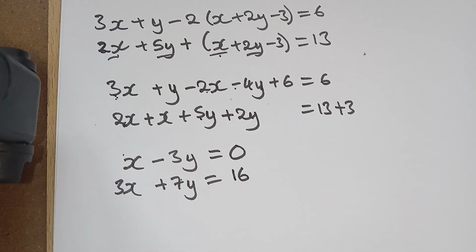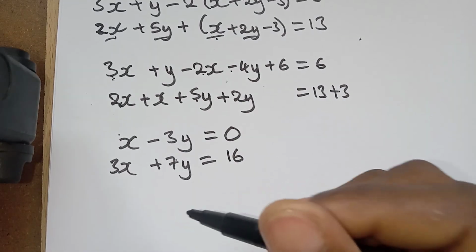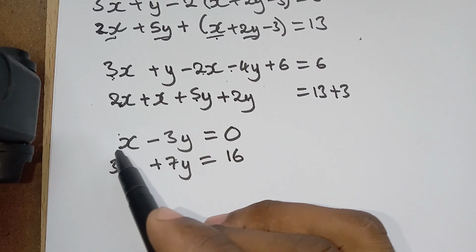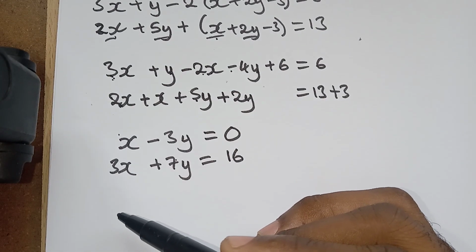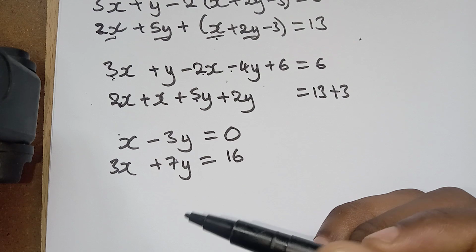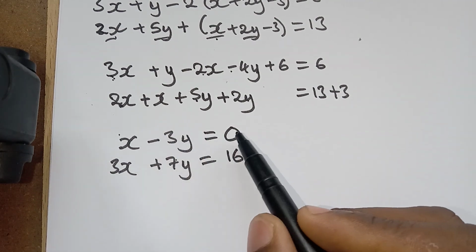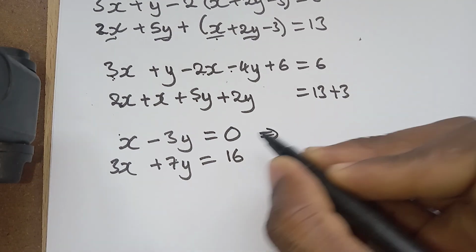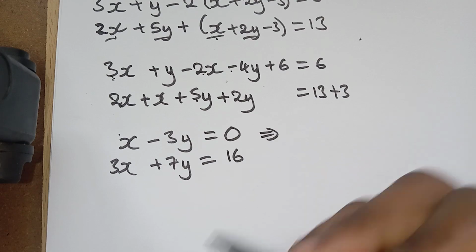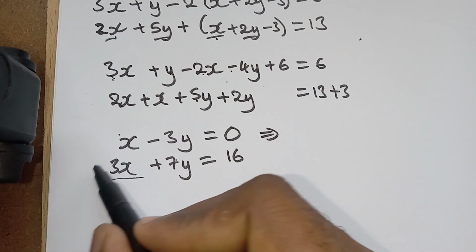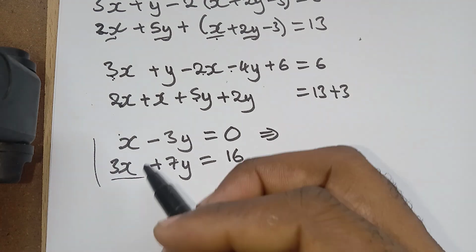So now you can use any method of your choice at this point. You can either multiply this by 3 to eliminate the 3, or you can continue with the substitution method. I think it's much easier to use substitution because we have a 0 there. So from this equation, we can make x the subject of the formula, or you can just solve it using the elimination method.